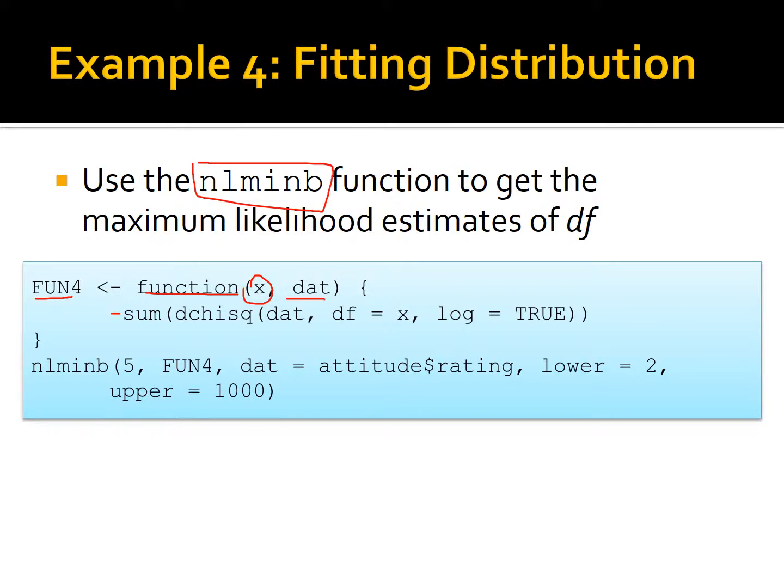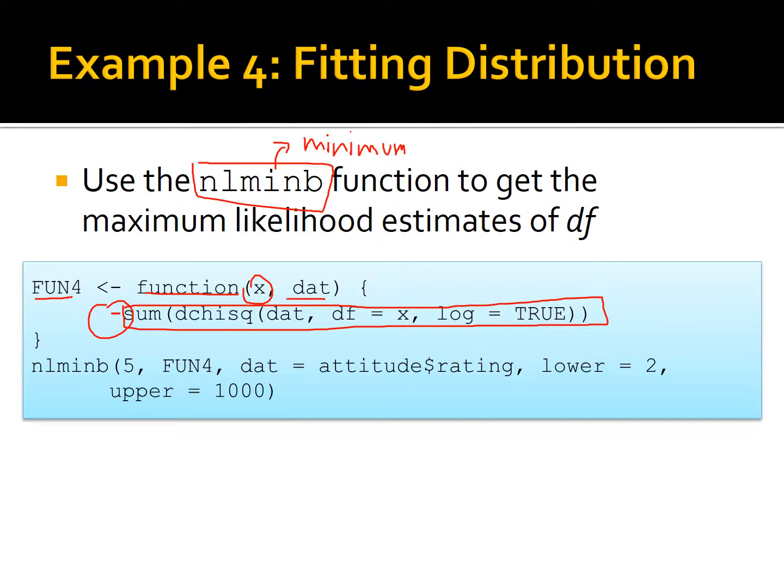This is the sum of the log likelihood of the chi-square distribution. However, nlminb finds the minimum, not the maximum, so we need to put the negative sign here to make sure nlminb will find x such that the result of the function is minimum.